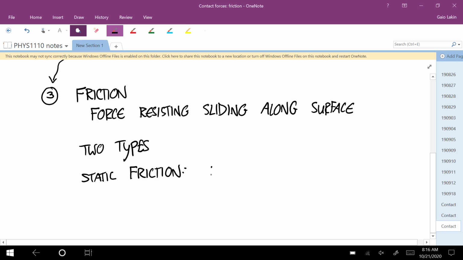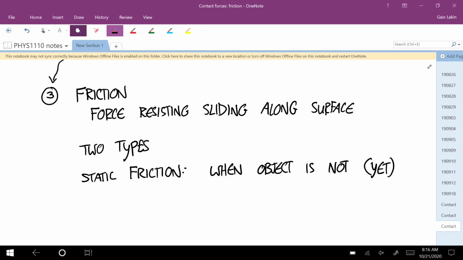And that is when an object is not sliding, and I'll say not yet sliding, because it could start sliding later, but while the thing is still at rest compared to the other object, you can think of this static friction force as trying to prevent it from starting sliding.